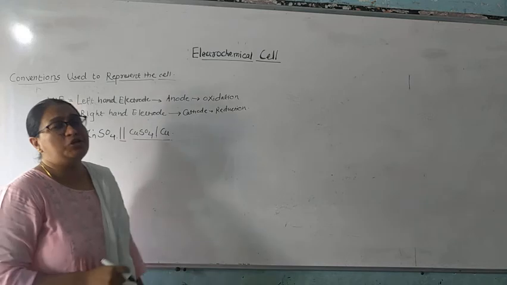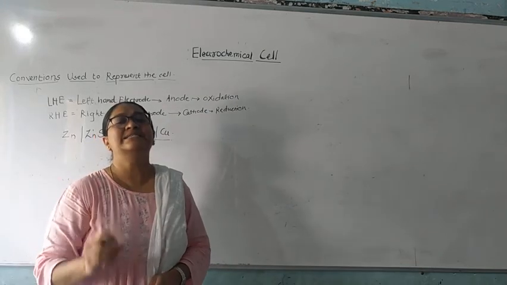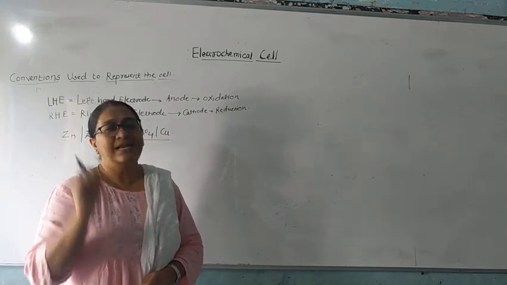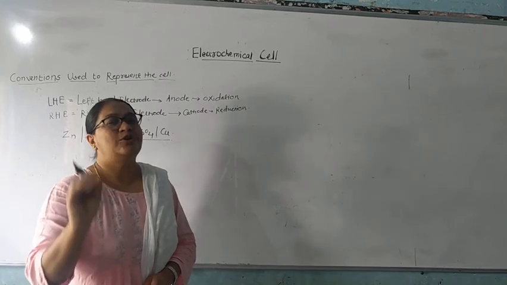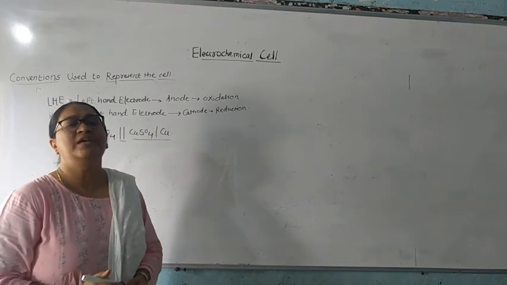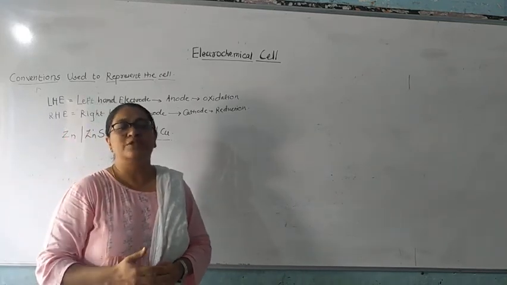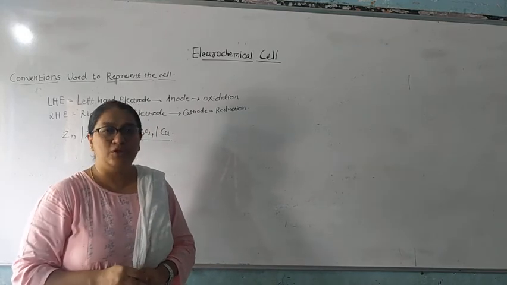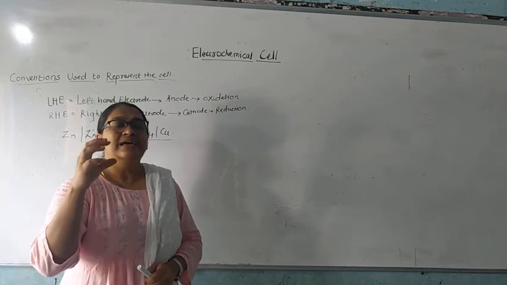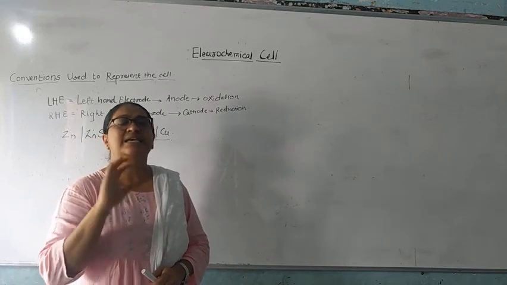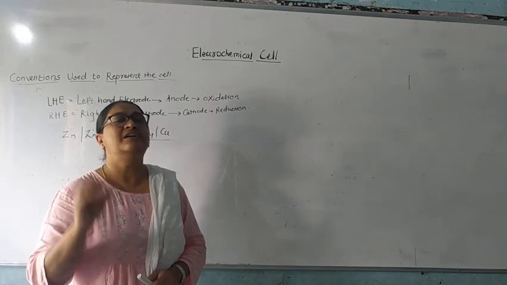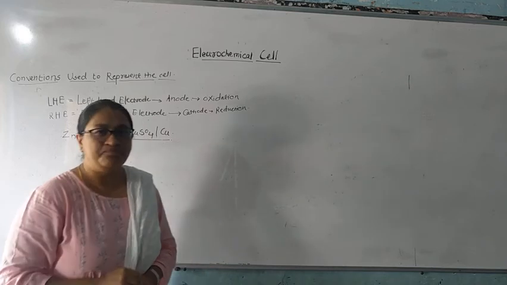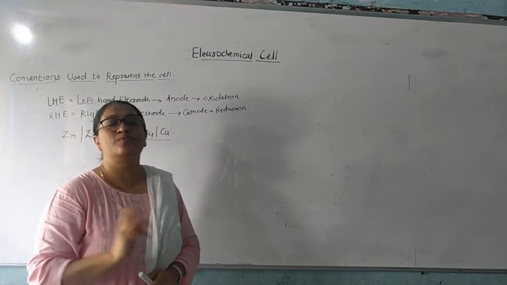The next convention is very important and is related to gas electrodes. In electrochemistry, gas electrodes are also used. But where a gas electrode is to be used, that gas electrode is incorporated with an inert metal. For example, suppose the hydrogen electrode is to be set up.